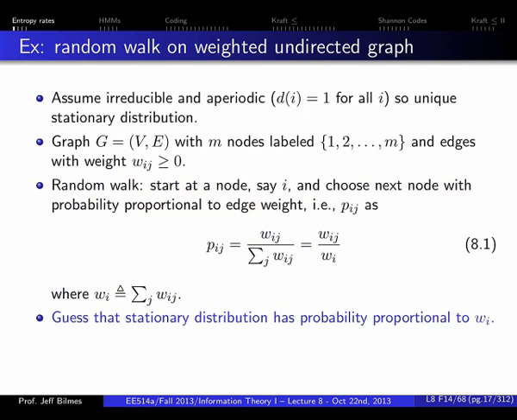And so we're going to guess that a stationary distribution is going to be proportional to, in some sense, this edge incidence value, Wi. Right? In some sense, Wi can be seen in 2 ways. One is the sum over all of the edges that are incident to a given vertex.